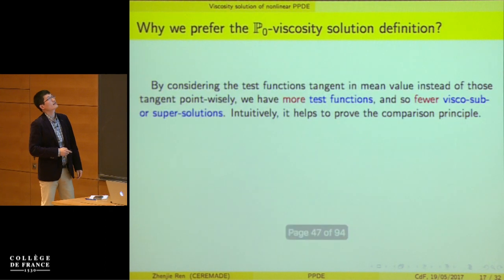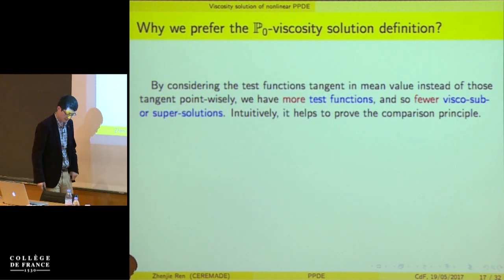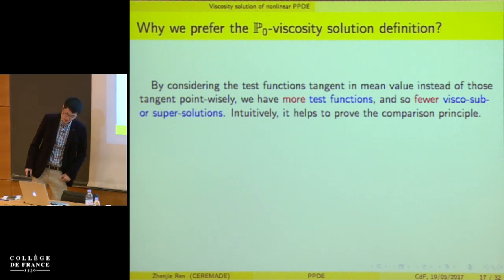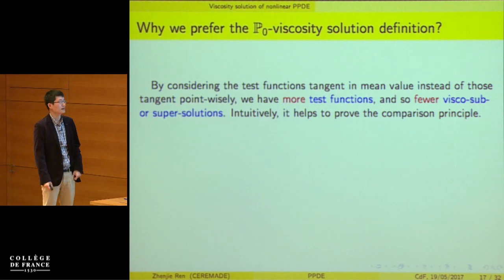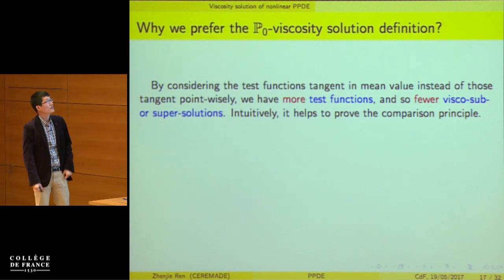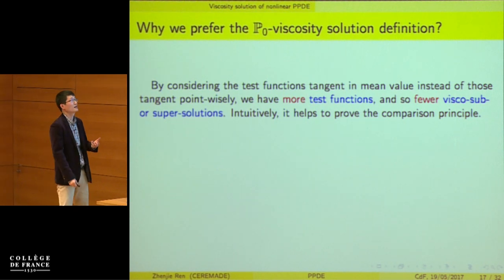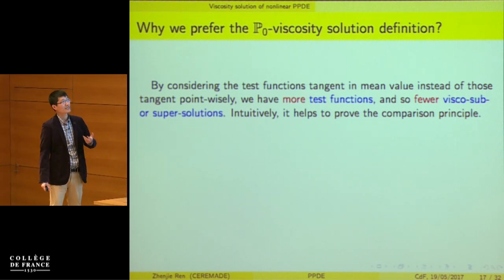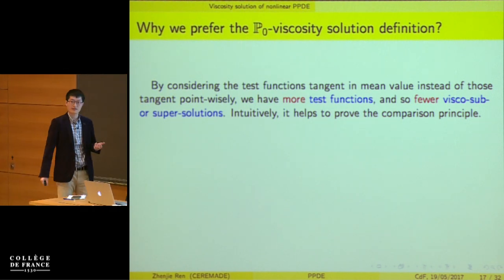All right. So why do we prefer this new definition of jet? There's some philosophical remark here. By taking into account those test functions which are only tangent to the potential solution in the mean value, we are indeed considering more test functions.